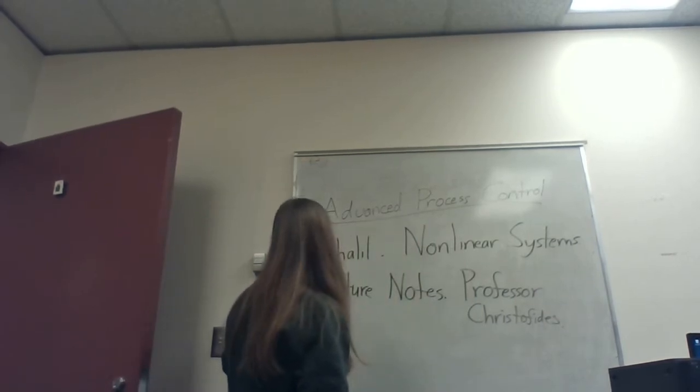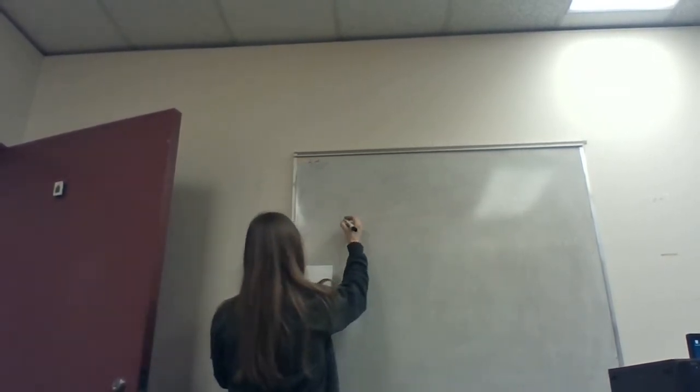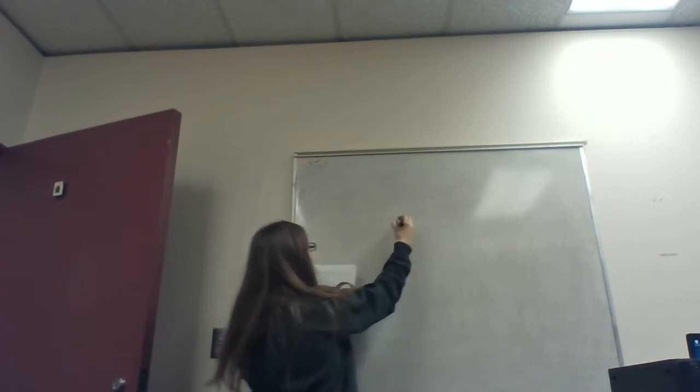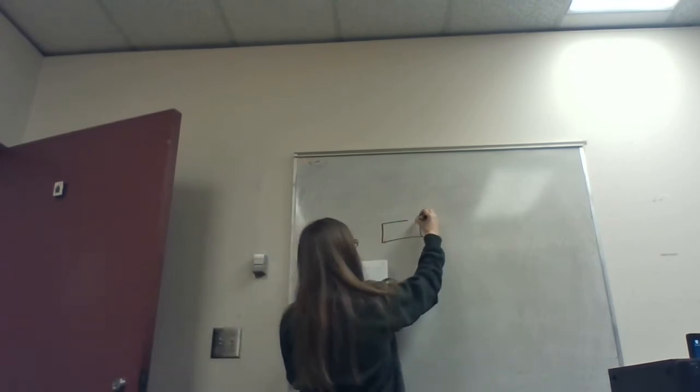So, let's talk about where people have left off if they are undergraduates. If you are an undergraduate, this is probably about the last thing you remember seeing in control.